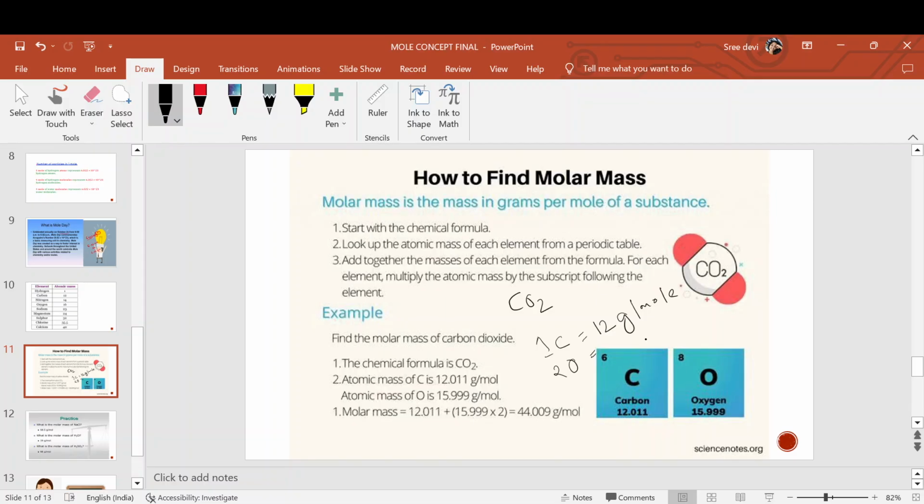One oxygen atom, it is around 16 gram per mole. And therefore, two oxygen atoms, it is 32 grams per mole. For finding molar mass, we should add both. That is 12 plus 32, which is equal to 44 gram per mole. Okay, it's simple, right?